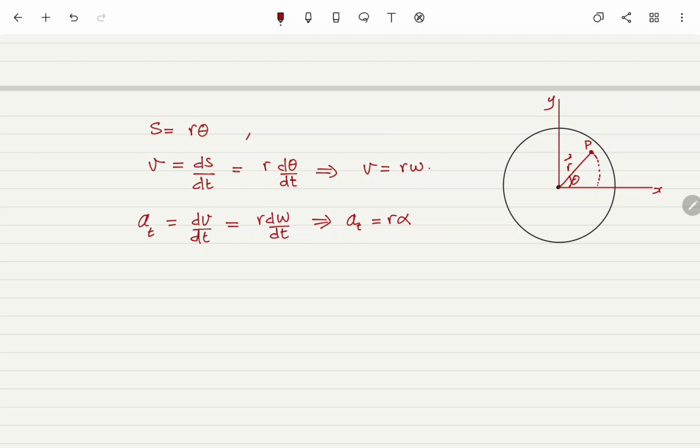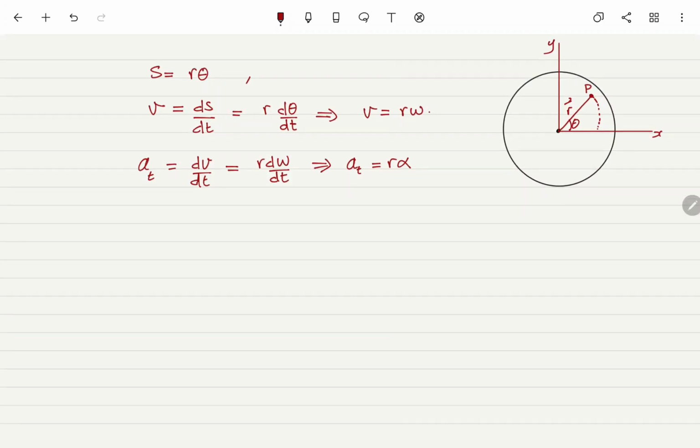And since there is a rotational object here, there is a radial acceleration, and this radial acceleration or central acceleration in this case is defined as a central equal to v square over r, or r omega square. And because we have two types of acceleration, tangential and radial acceleration, the magnitude of the total acceleration A is given by square root of a tangent square plus a radial square.